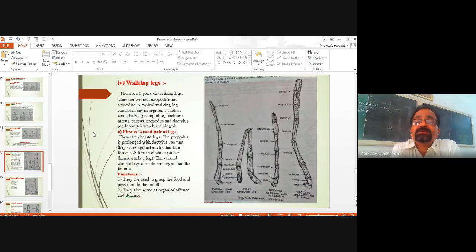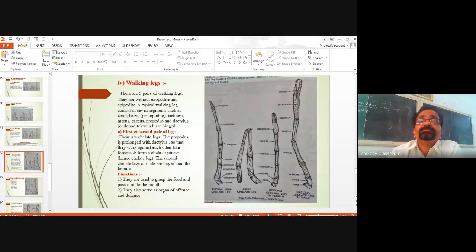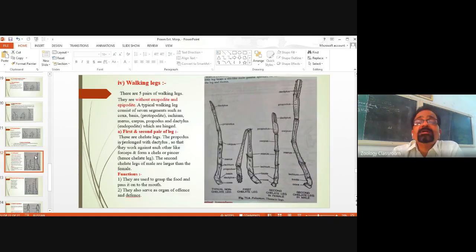As I have mentioned, 5 pairs of walking legs are there, and these walking legs are without exopodite and endopodite. Actually, a typical walking leg consists of 7 segments.